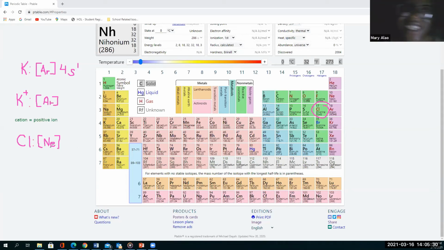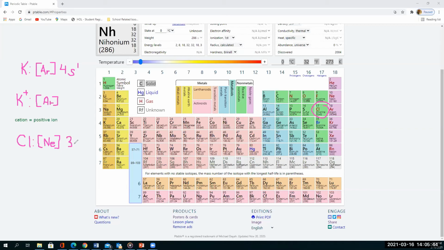So that's why you kept saying 9. Chlorine. Okay, so we have neon, and then after neon, 3s2, and then 3p5. So how many valence electrons does chlorine have? 7.